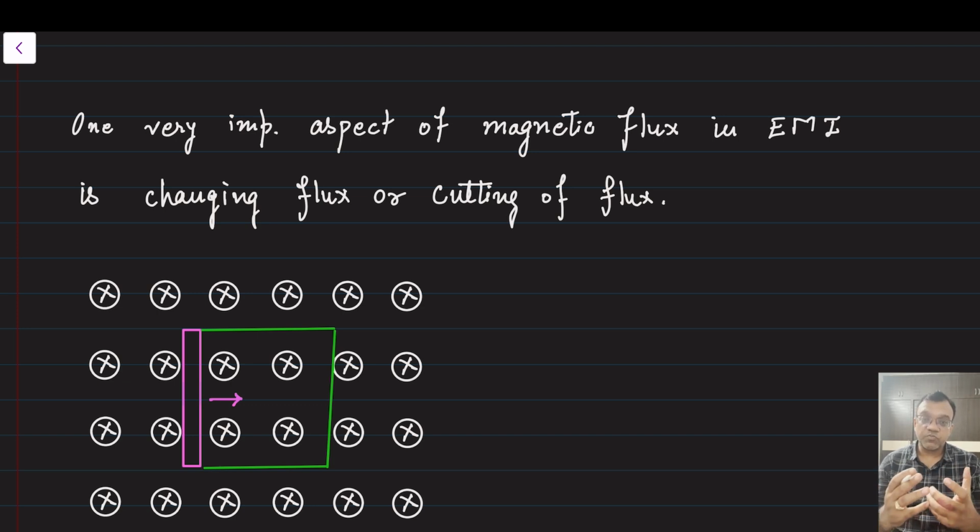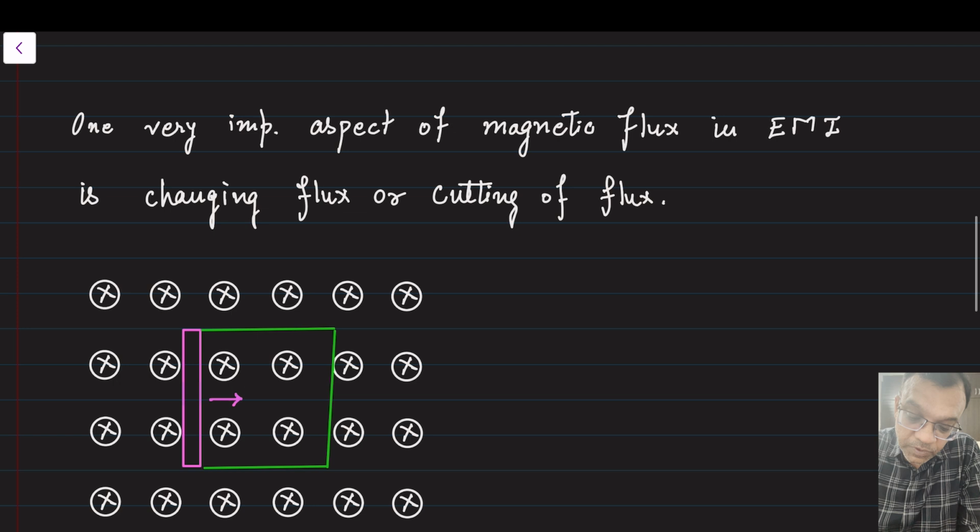when some object is moving through a magnetic field, as the object is moving, is it cutting the field lines? If it is cutting the field lines, it is cutting the flux. And in that case, the flux linked with the circuit is changing. So what I want to say in short is, cutting of flux and varying flux are the same thing.